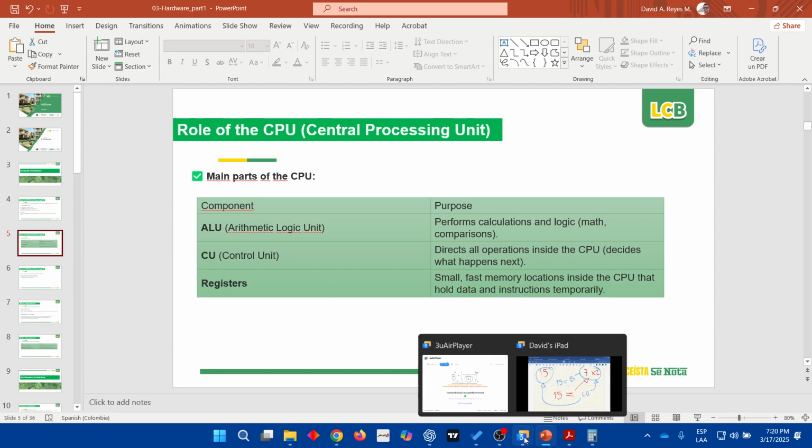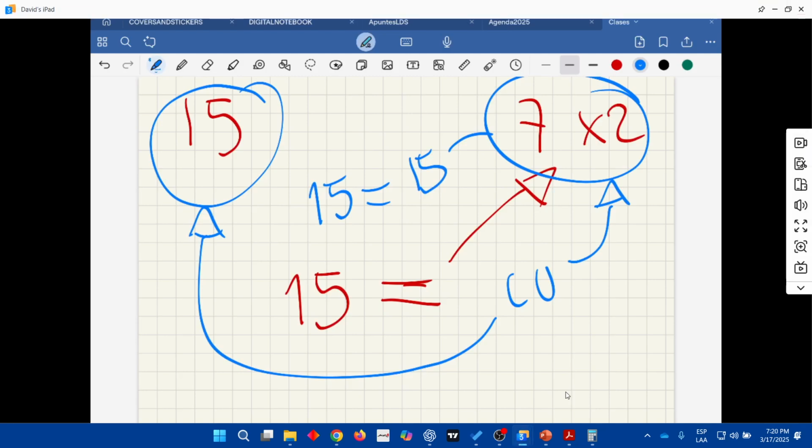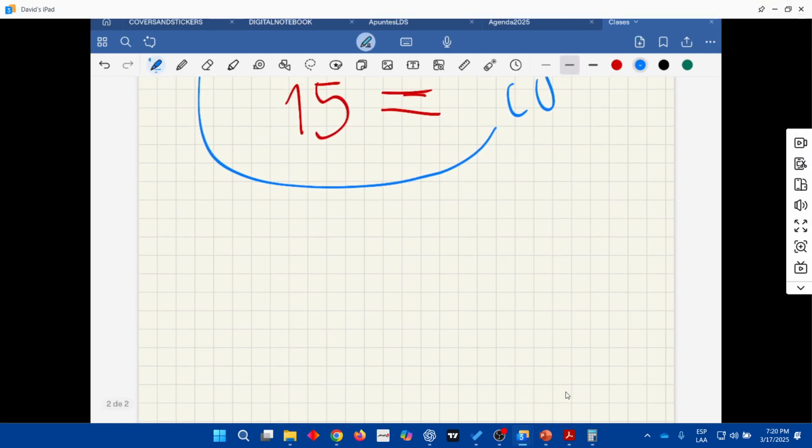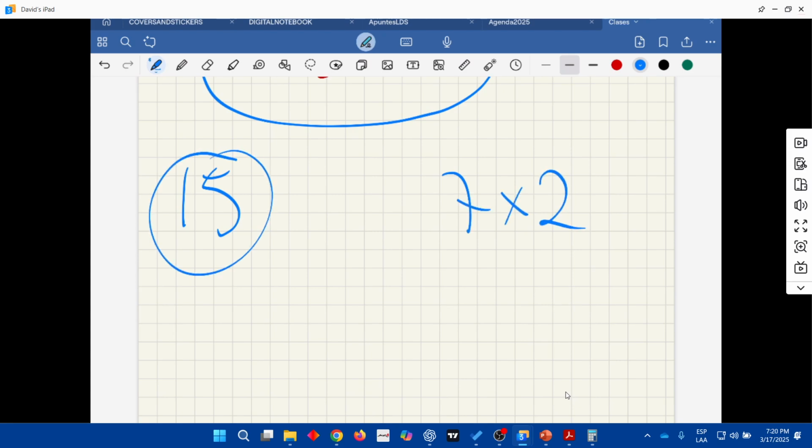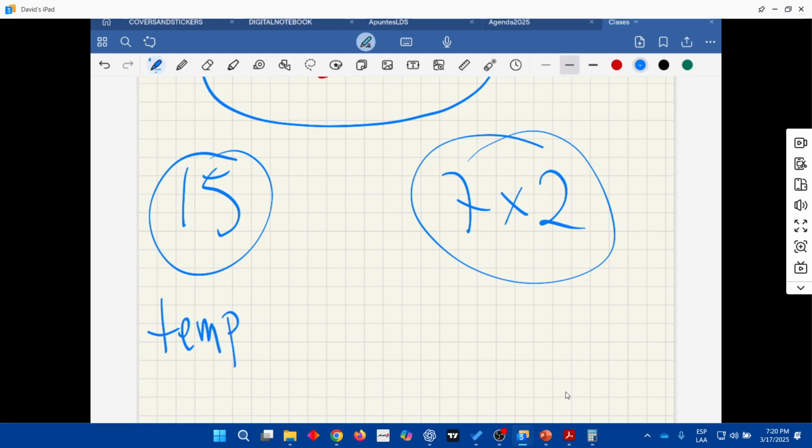What does that mean? That means, for example, that you are going to compare 15 with the result of 7 times 2. So this is data and this is data. This data is going to be stored temporarily in the CPU. And this is an execute instruction. Okay, you are going to multiply those numbers.